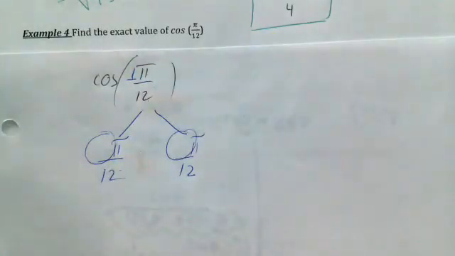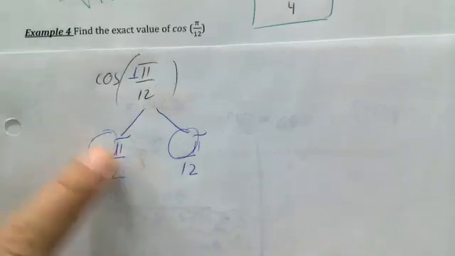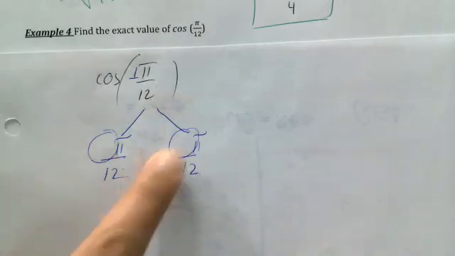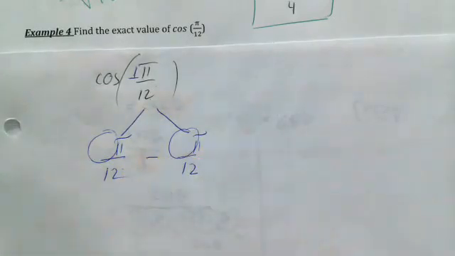Because I have to get 1, it might have to be a subtraction. So what pi over 12 minus what pi over 12 can give me 1 pi over 12? It can be trial and error for the first few times you do this. 3 and 4, but the other way, 4 and 3.